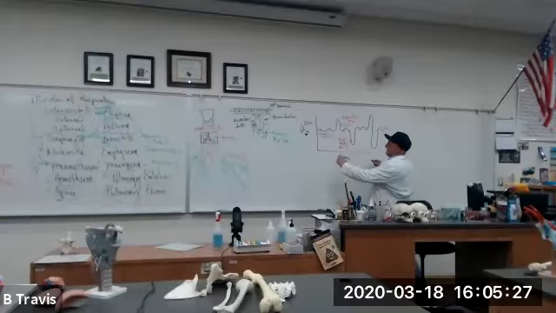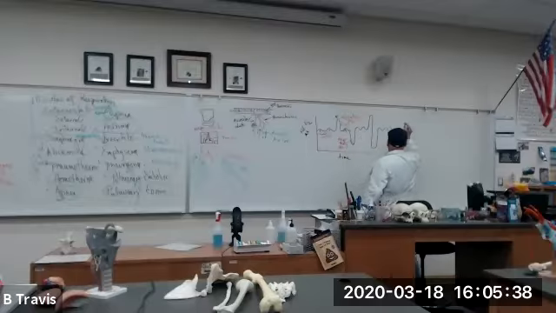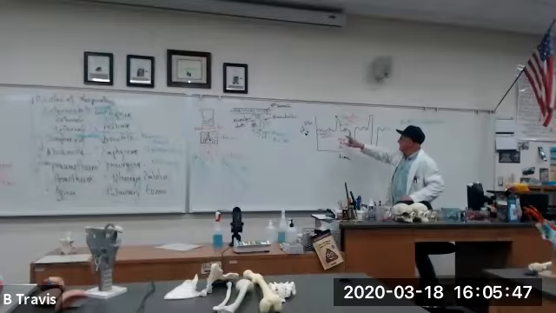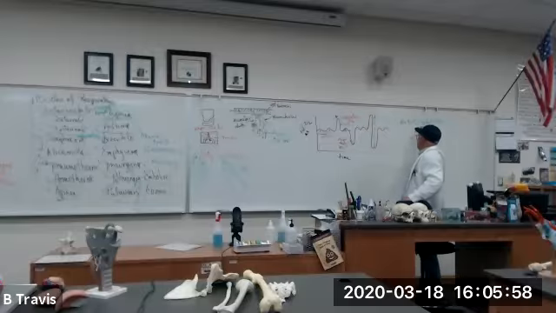Now I'll do it in another color. A, C, B. A plus B plus C is vital capacity. That's the maximum you can force in, force out, plus the tidal volume. So it's from here to here, which is this one also. So these three make vital capacity.